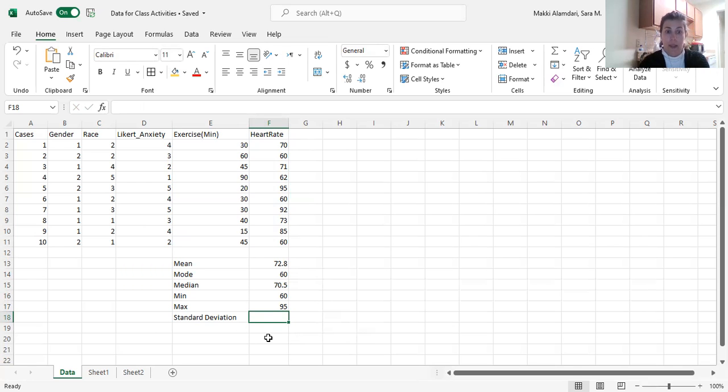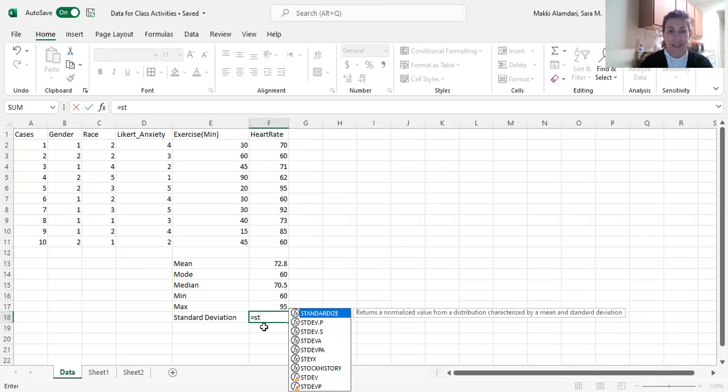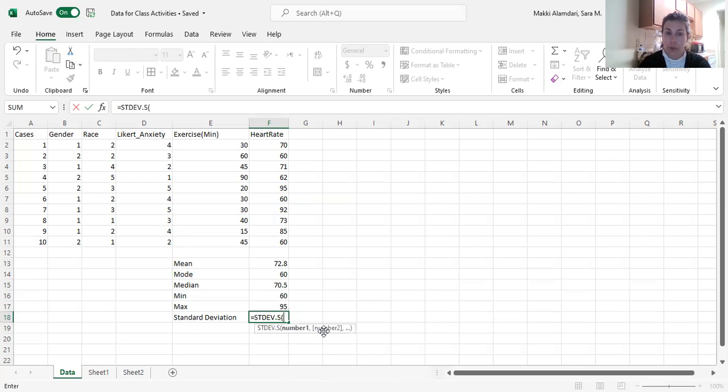And finally, standard deviation. When you type ST, you see standard deviation for population and standard deviation for sample. I go with standard deviation for sample, and I will explain for you what's the difference.